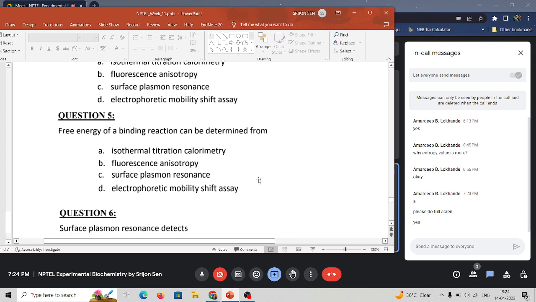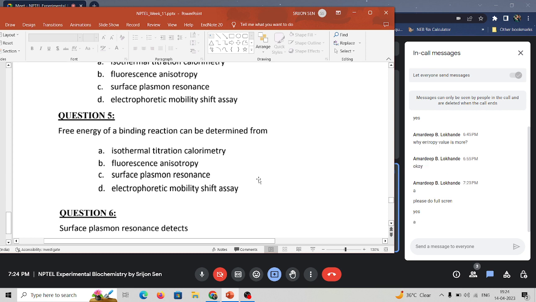So free energy of a binding reaction can be determined from. A. Okay, and what about the other techniques?